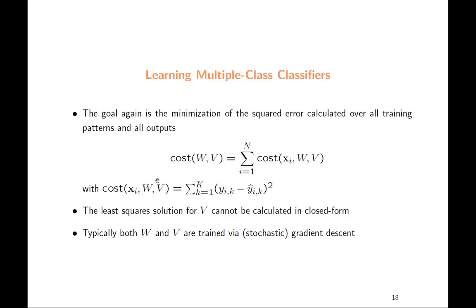So the cost for a particular input pattern, xi, is the sum over all outputs, and for each of the outputs we calculate the squared error, or the distance to the power of 2. This y hat is the prediction of the neural network. Y is the actual training target, and we take the difference and take the sum over the square of this distance.